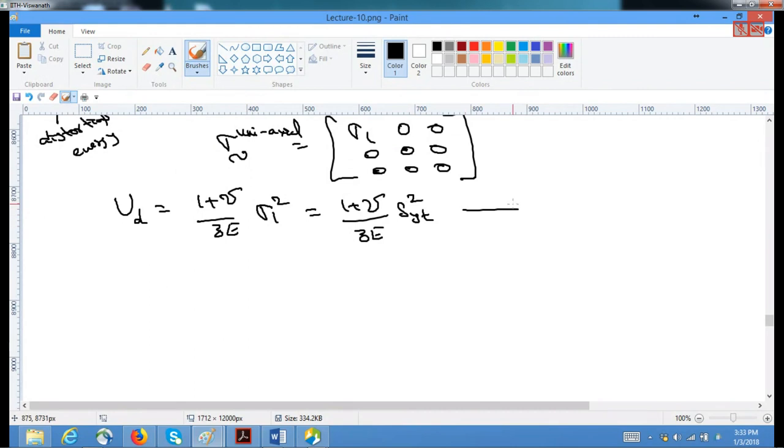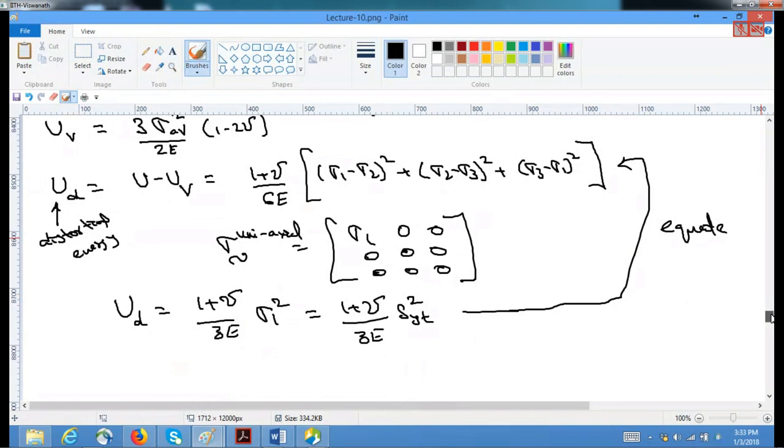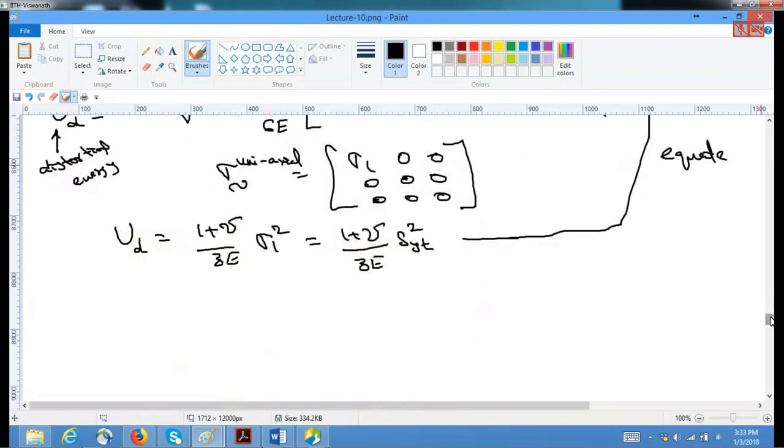Now take this one and equate it to the other one, because this is for the multi-axial stress state and this is for the uniaxial state. Assuming that they both have the same distortional energy, that will give you your distortional energy theory.